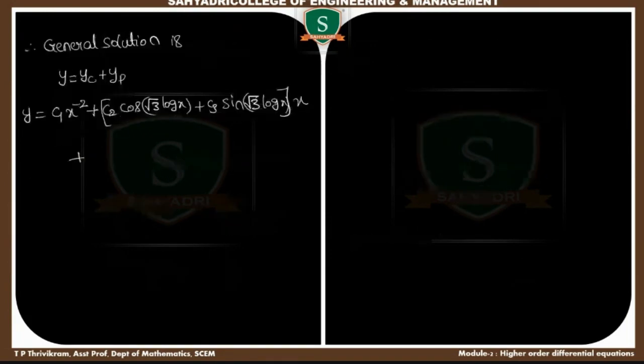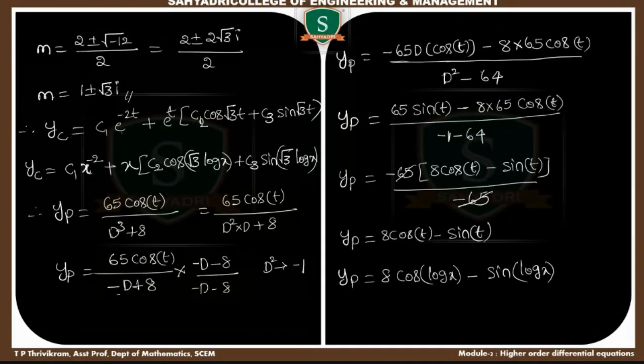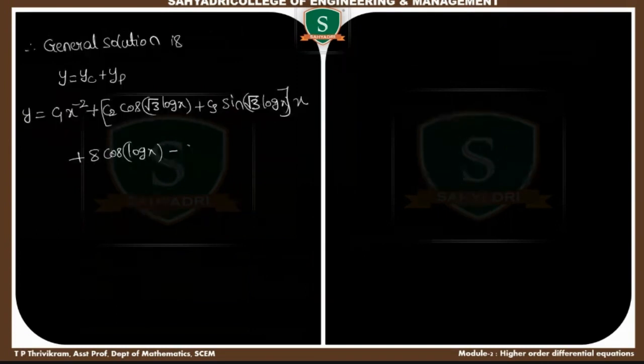Yp is 8 cos log x minus sin log x. So this will be the general solution.